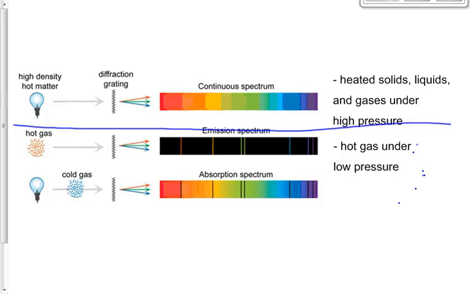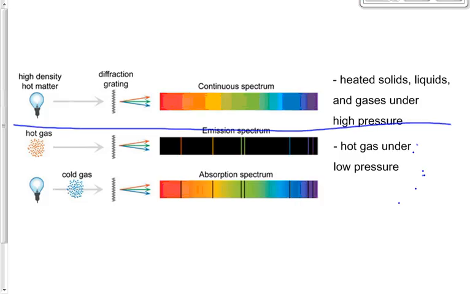Now, diagram number 2, we got something similar here. We got a hot gas, but this time this hot gas is under low pressure instead of being a solid or a hot gas under high pressure. What happens there? Well, the electrons are energized. The electrons are in higher levels, and they want to go back down to lower levels. When they go back down to lower levels, they give off EMR. But they don't give off every single color of EMR. They don't give off a continuous spectrum.